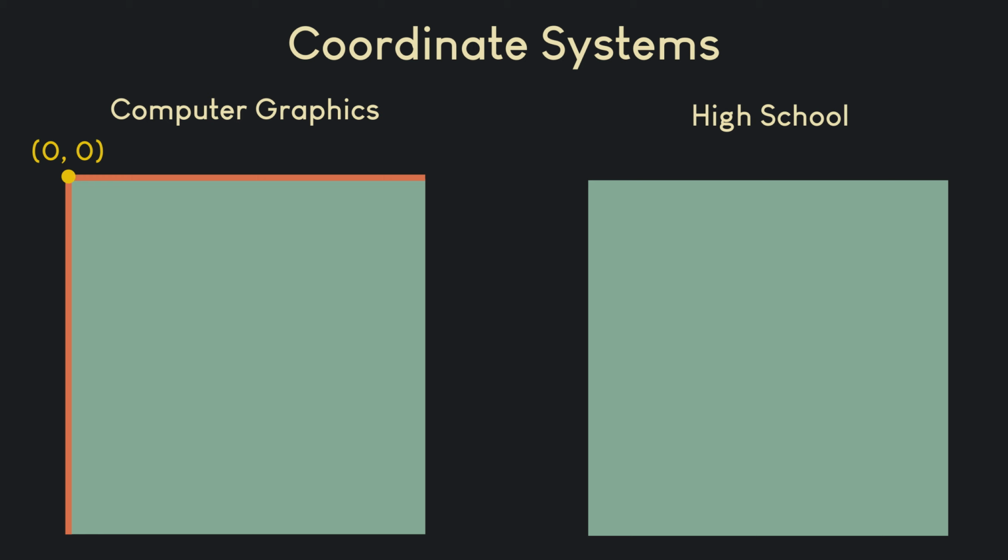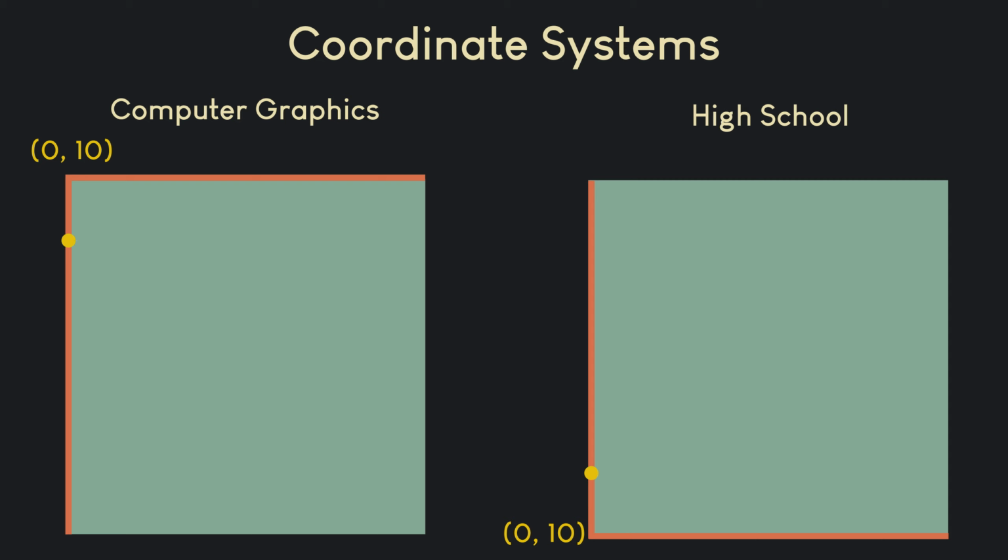the top left. In contrast, the standard Cartesian coordinate system starts from the bottom left corner, with 0, 0 being the origin. In this system, the x-coordinate increases as we move to the right, and the y-coordinate increases as we move up. However, in the top left corner coordinate system used in computer graphics, the x-coordinate increases as we move to the right, and the y-coordinate increases as we move down.